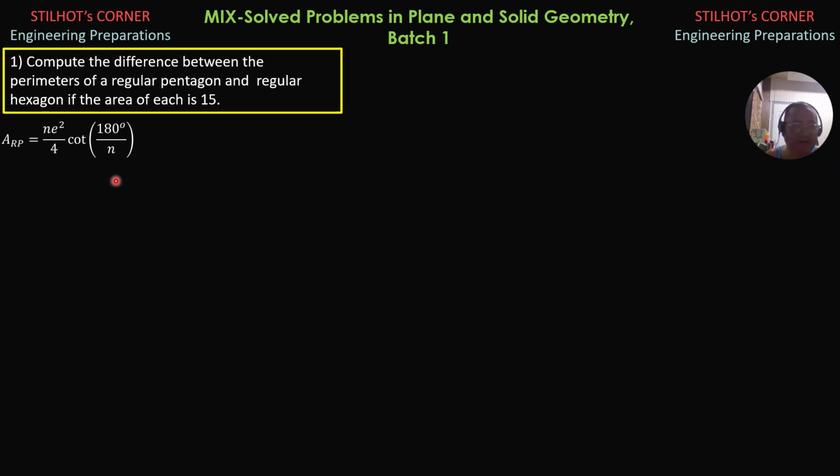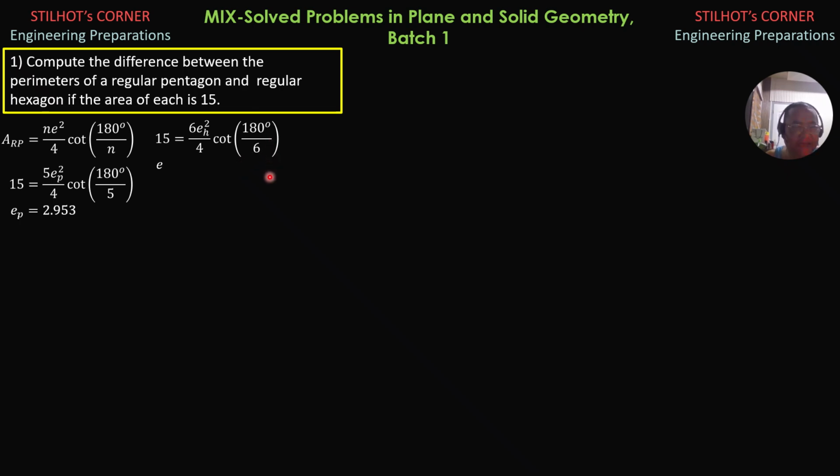For the pentagon, 15 equals 5 times E sub P square over 4 cotangent of 180 degrees over 5. Solving for E sub P, it is equal to 2.953 units. Then for the hexagon, 15 equals 6 times E sub H square over 4 cotangent of 180 degrees over 6.